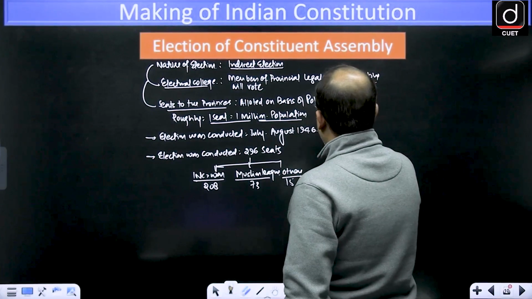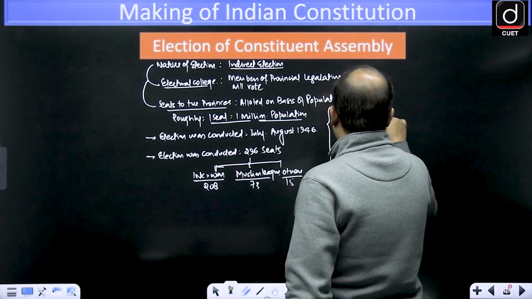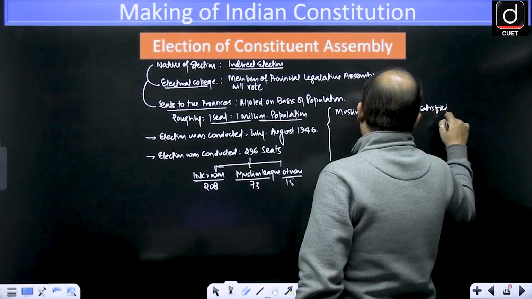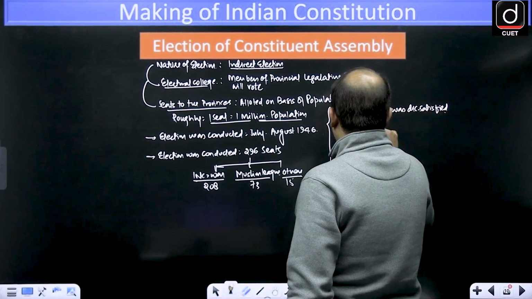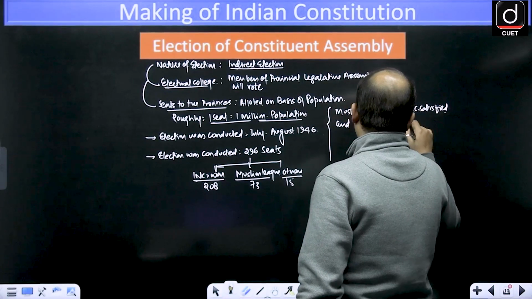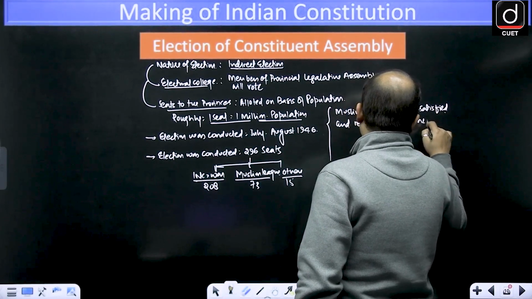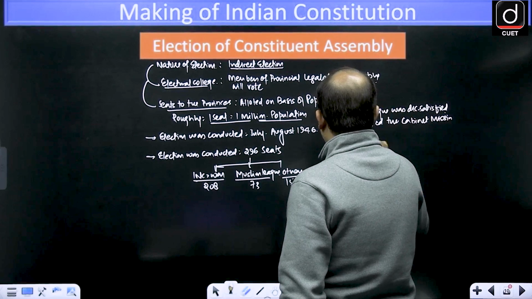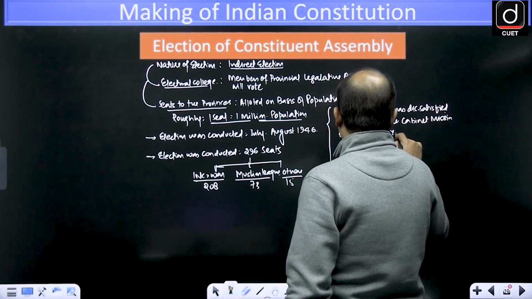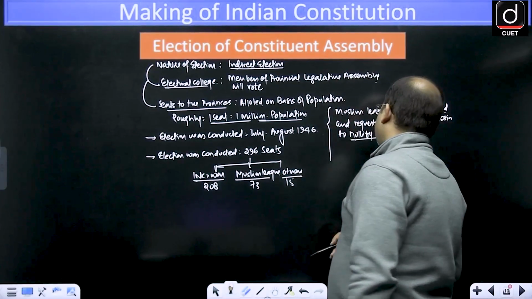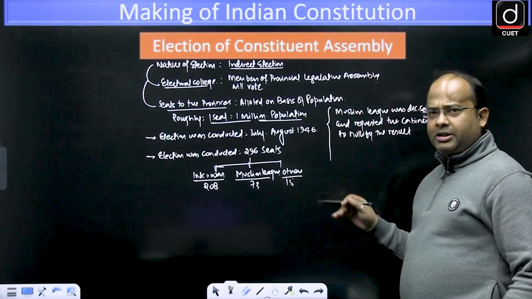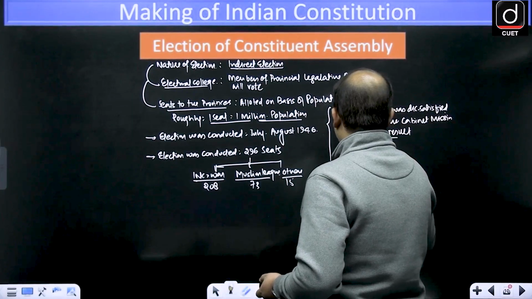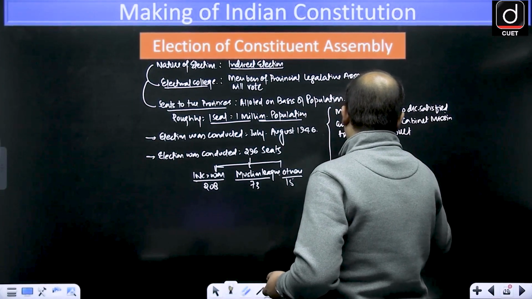So Muslim League was dissatisfied and requested the cabinet mission to nullify the result, that means to declare the result null and void. But the cabinet mission refused.